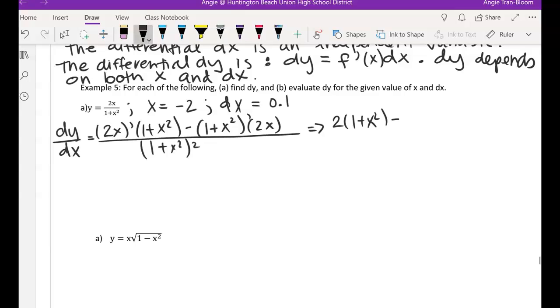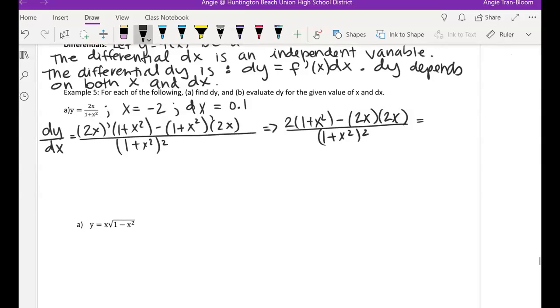So the derivative of that is going to be 2x times 2x all over your denominator, which is 1 plus x squared. Let's keep on going. We are going to have 2 plus 2x squared minus 4x squared all over 1 plus x squared.